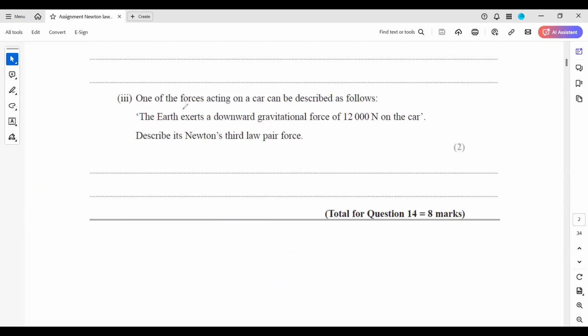In this example, one of the forces acting on a car is described as follows: the earth exerts a downward gravitational force of 12,000 Newton. Describe the pair force. Whenever you talk about the weight, what will be the pair force here?